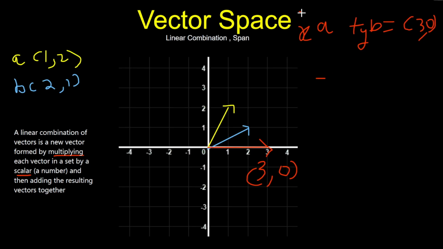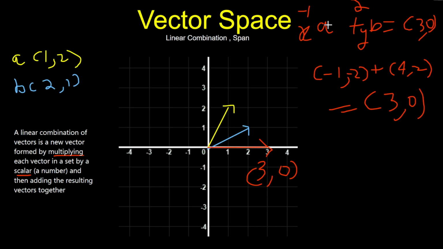If you multiply the vector A by -1 and multiply the vector B by 2, and add them together, we will get the new vector, which is called a linear combination. So we can just try that. If you multiply this by A, we'll have -1, -2, plus multiply this by 2, we have 4, 2. So the resultant would be 3, 0.